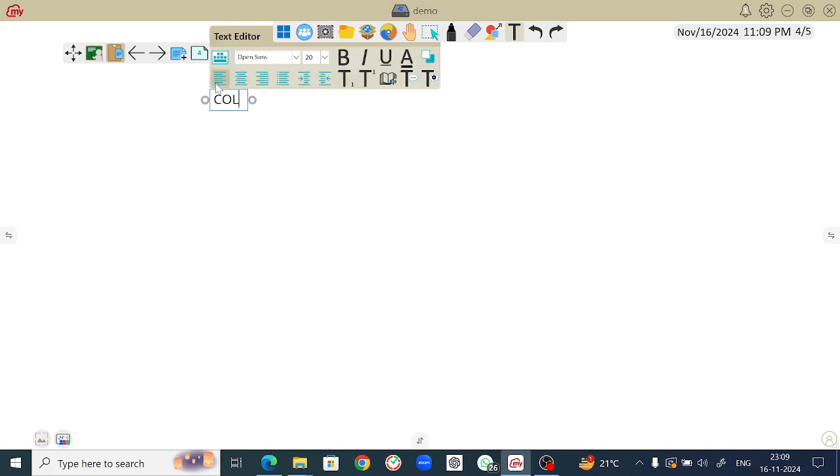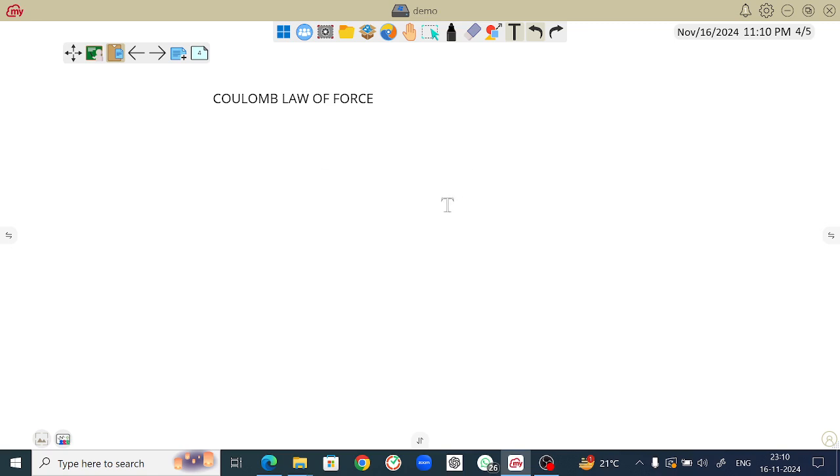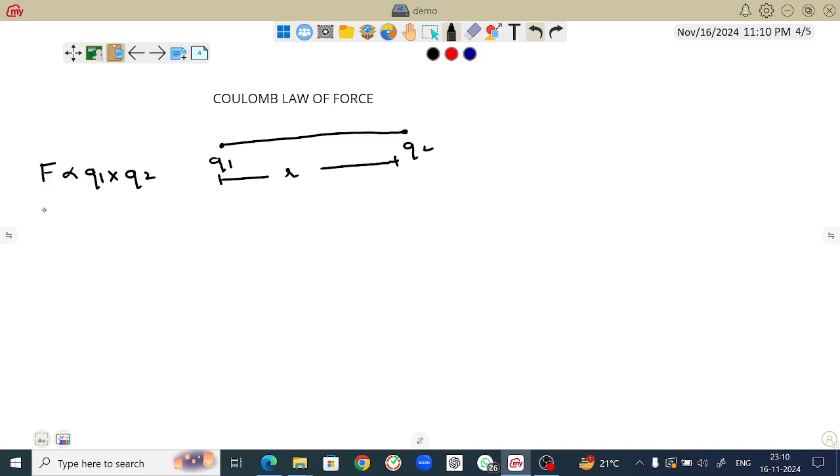Coulomb's law states that for two charges Q1 and Q2 separated by a distance r, the force between the two charges is directly proportional to the product of the charges, and inversely proportional to the square of the distance between them.